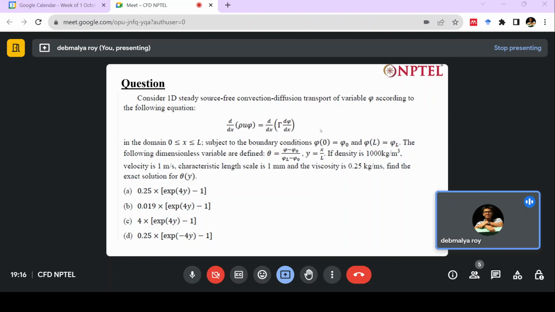Today's major topics will be based on this concept of exact solution, and the schemes that we had discussed so far were discretized.